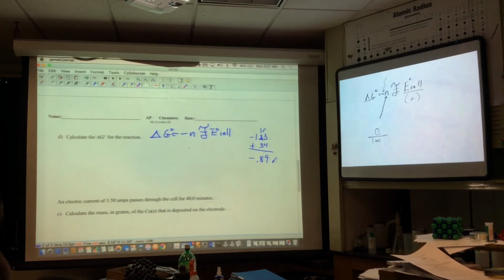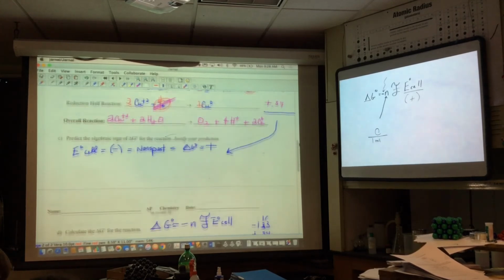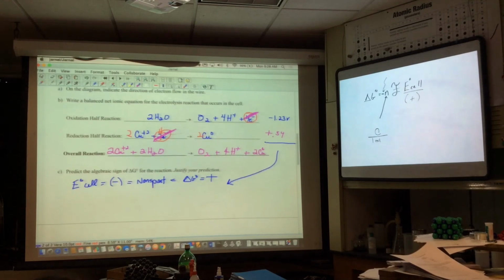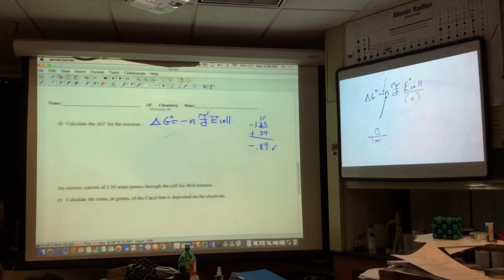So, what's negative n? It's going to be 4. The balanced half reaction, which they weren't asking you to do, really helps you get the n. Careful. So that's going to be negative 4.